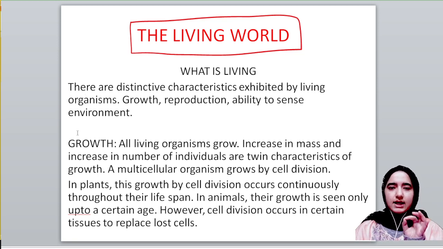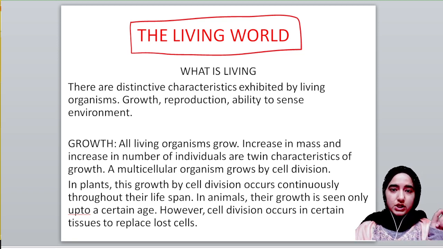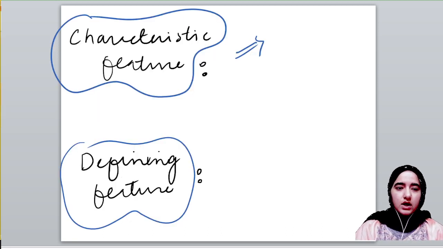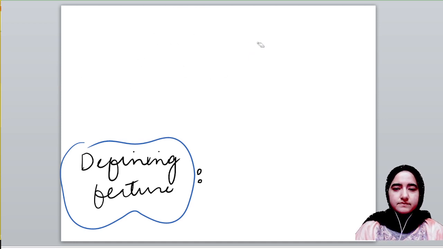These are the distinct characteristics exhibited by living organisms, like growth, reproduction, and the ability to sense the environment. We will see one by one whether they are characteristic features or defining features. First of all, we will learn what growth is. Is growth a characteristic feature or a defining feature?